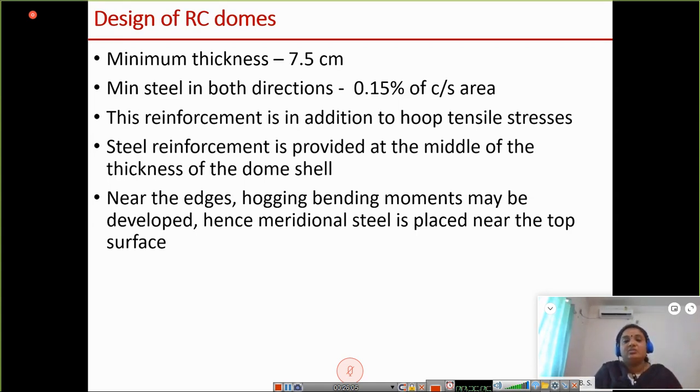So the minimum thickness to be used is 7.5 centimeter. Minimum steel in both directions, meaning both in the meridional direction as well as along the latitudes, is 0.15% of the cross-sectional area, and this reinforcement is in addition to that required for the hoop tensile stress. So what is that? We will understand while doing the problem.